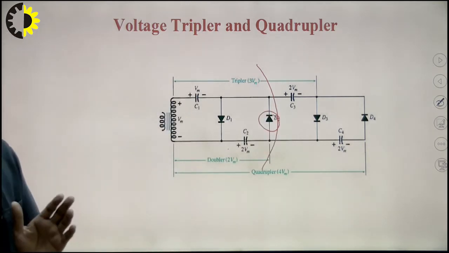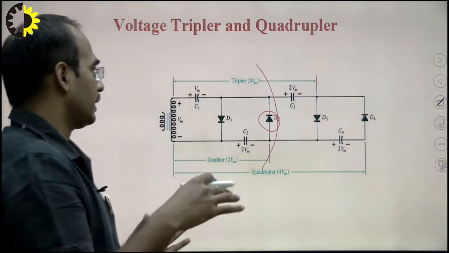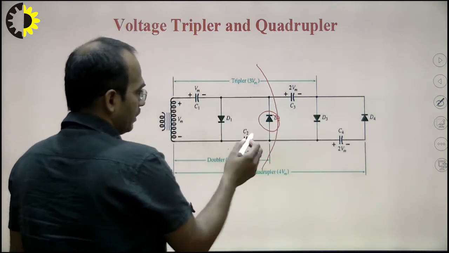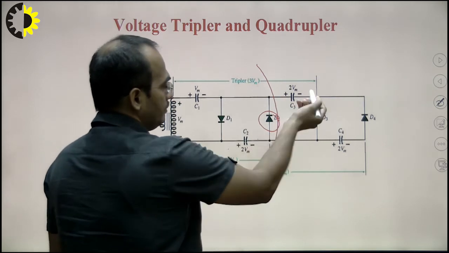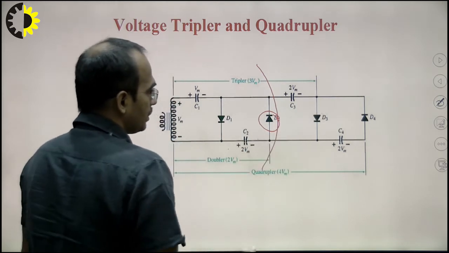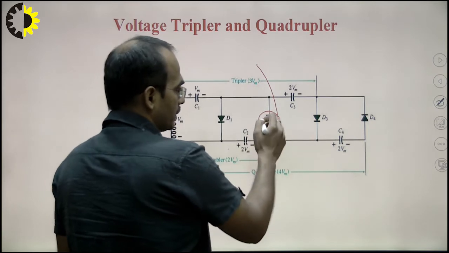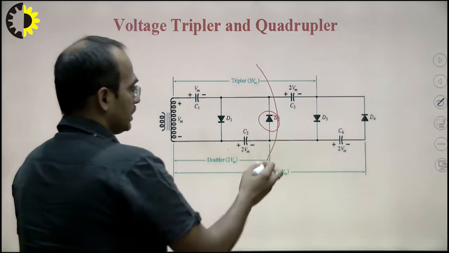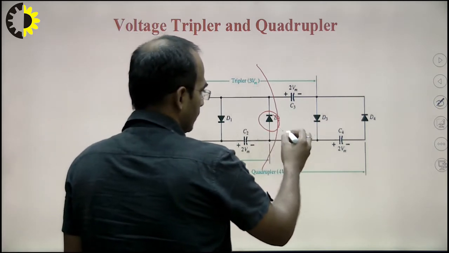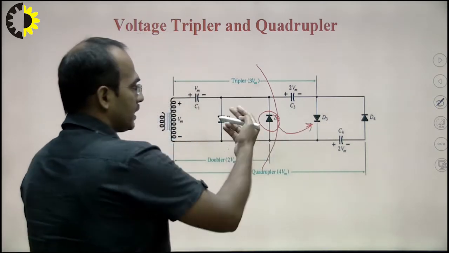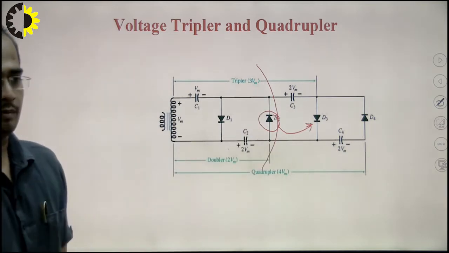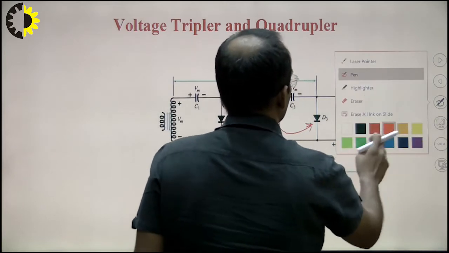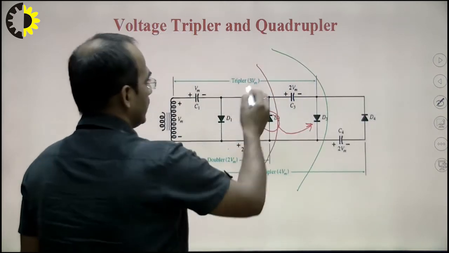If I want to construct the voltage tripler circuit, then what will I do? I will repeat this structure again. This capacitor will come to the upper branch, and the diode direction will be reversed in the next branch. So this diode direction has been changed, so it becomes downward, and this capacitor has been shifted to the upper branch. So this circuit will be the voltage tripler circuit.